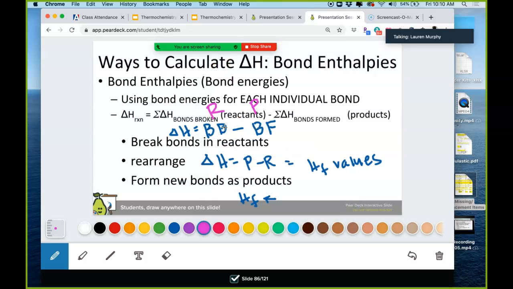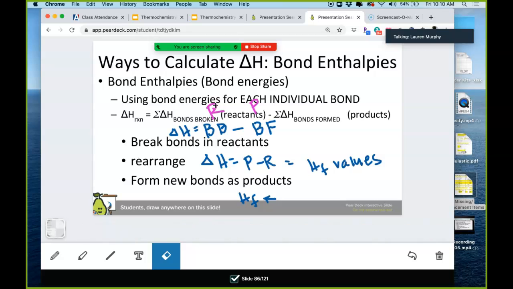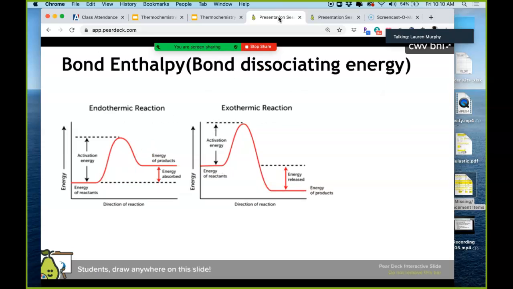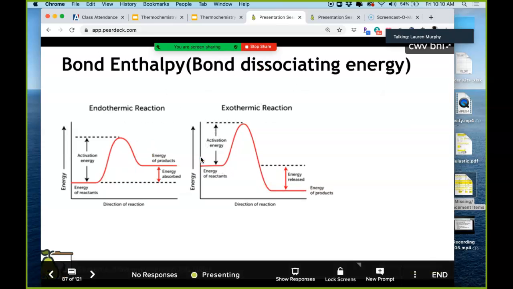So it gets confusing, because this is actually the reverse of our delta H when we used enthalpies of formation, which was products minus reactants. This one's flipped. So instead of thinking of reactants and products, I think the easier way is to consider it bonds broken minus bonds formed. Hopefully that will help with some confusion mathematically about which one gets subtracted from which.